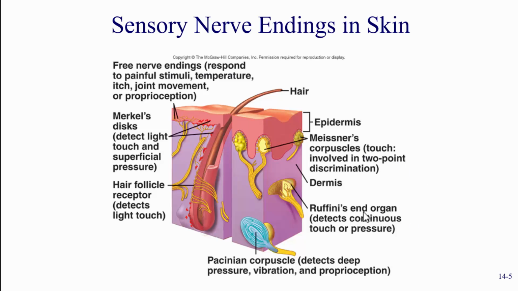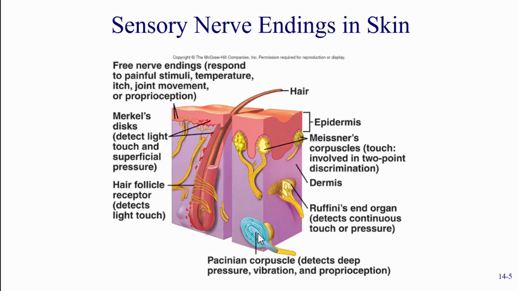Then we have Ruffini's end organ, and that's for continuous pressure or touch. And then finally, the Pacinian corpuscle, also known as a lamellated corpuscle. When you take a piece of paper, put it between two pieces of plastic, and run it through this little heater thing, what is that called? Laminating.